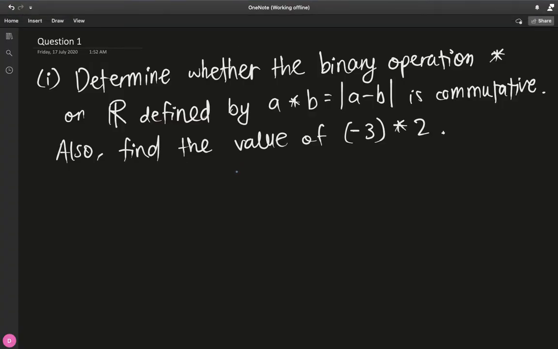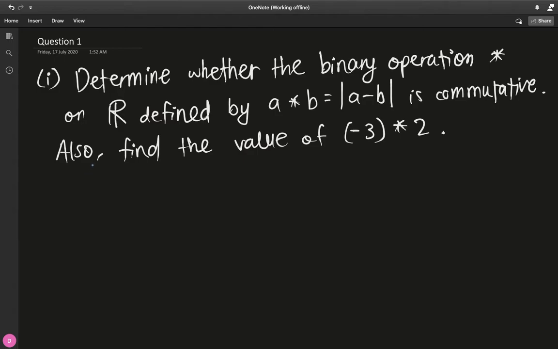So in this video, I would like to cover not all, but I think half of section A, a part of section A. And naturally, we'll start with question number one. Now, question number one has 10 subparts. So let's do subpart one.